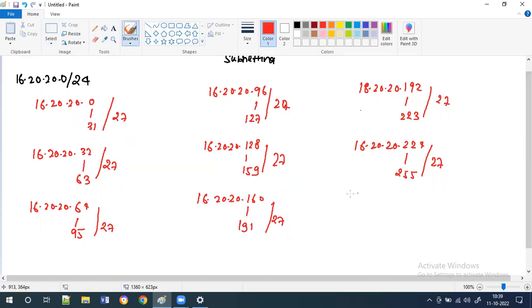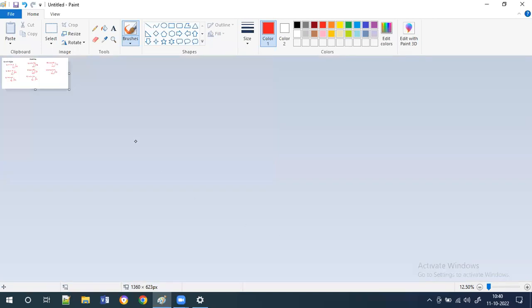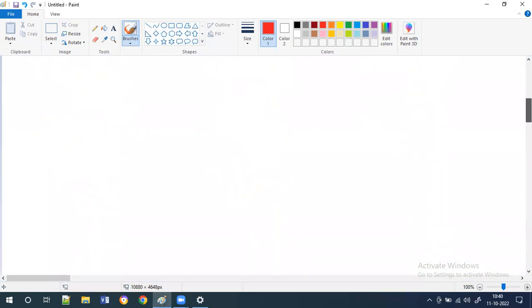So if I have this IP address, okay, you guys ready? Just a recap. If I write the same IP address once again, 16.20.20.0/24, this tells the number of bits on the network side.